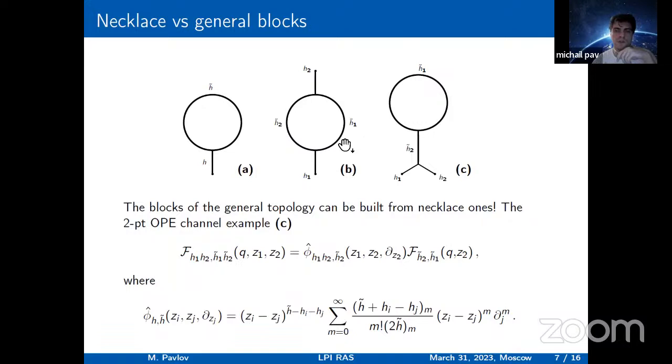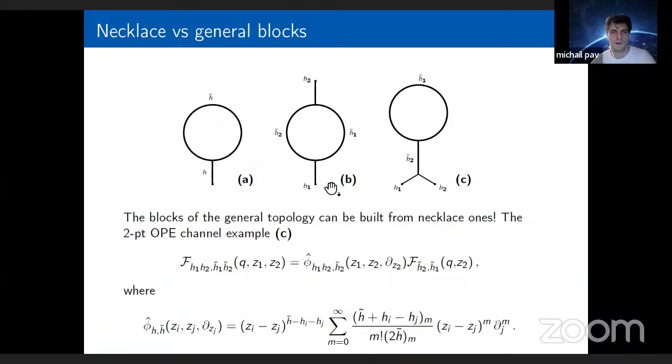For example, if we look at picture 2 and consider that this first field is not a real primary operator in the correlation function, but something which comes from the OPE. Let me draw something here.